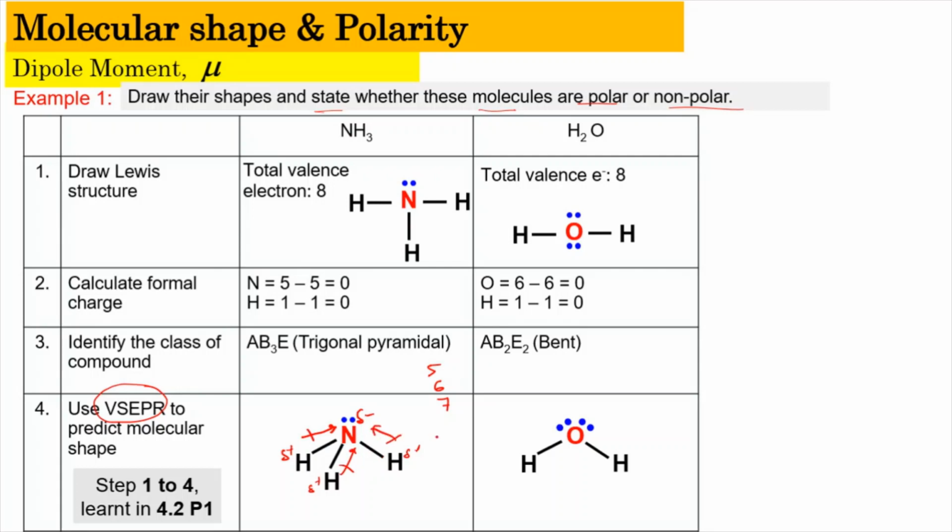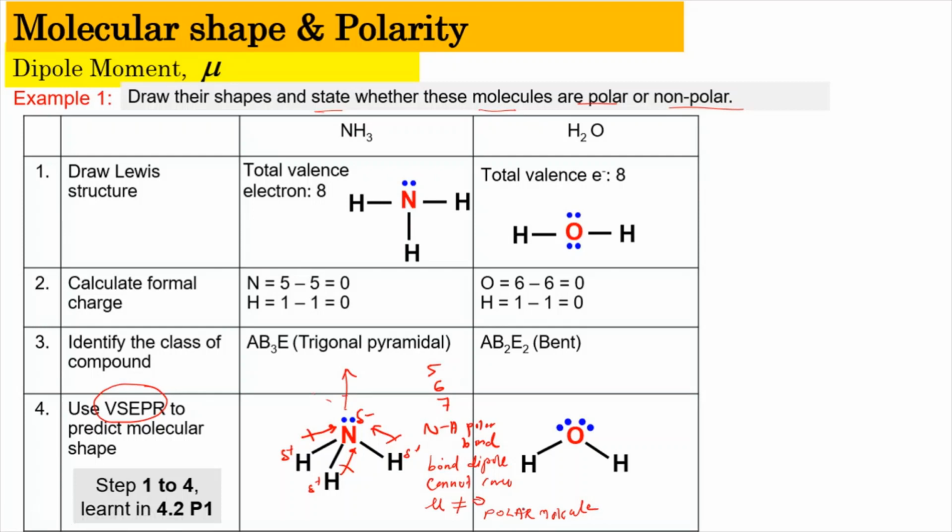So NH here is a polar bond, and as you can see here, the bond dipoles cannot cancel out, because they produce a resultant on the front side. One goes in that direction and another goes in another direction, so the bond dipoles will not be cancelled out, and as a result, the mu here is not equal to 0. Since it is not equal to 0, we have a polar molecule.